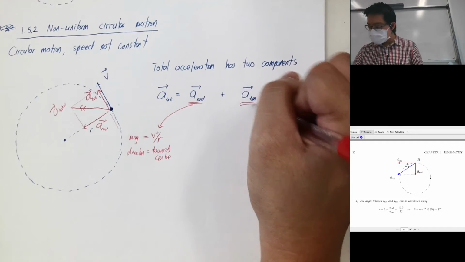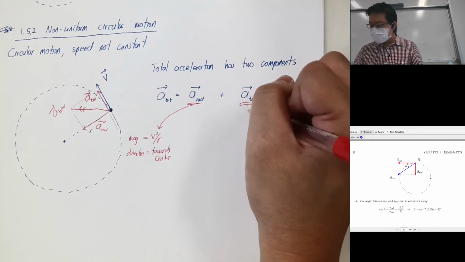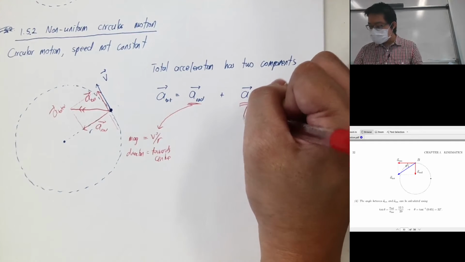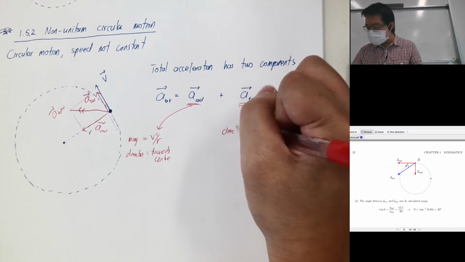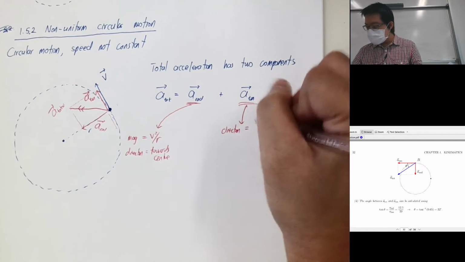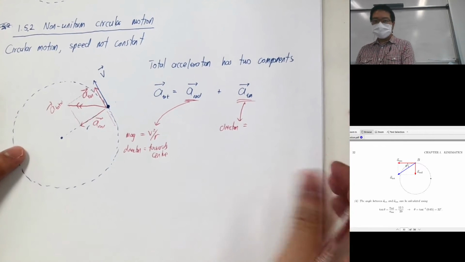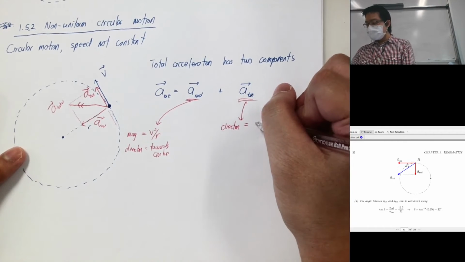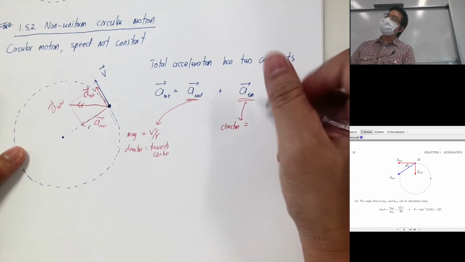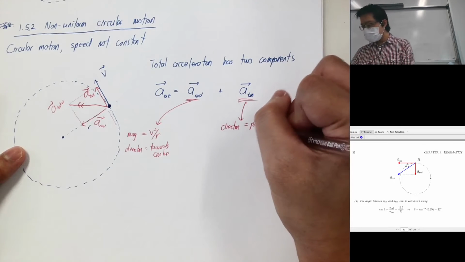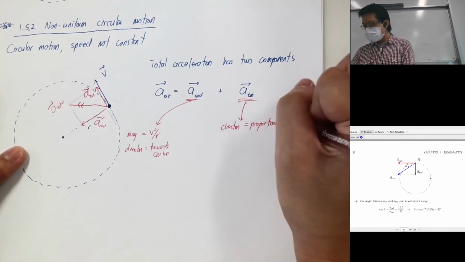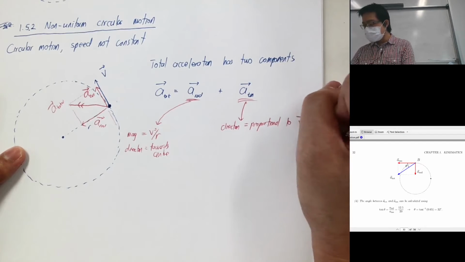And then for this, firstly the direction, it will be, what's the word? Proportional to v.